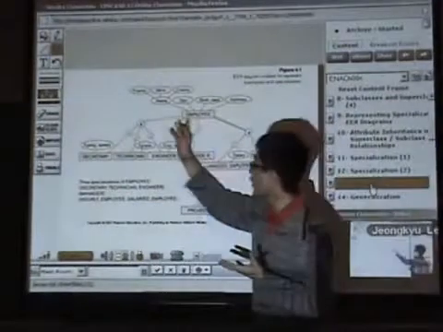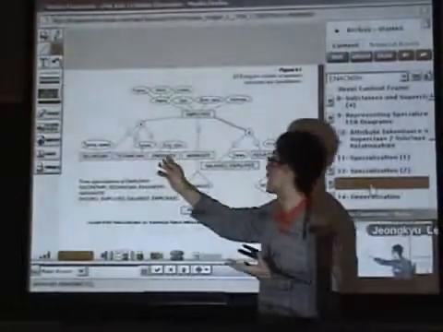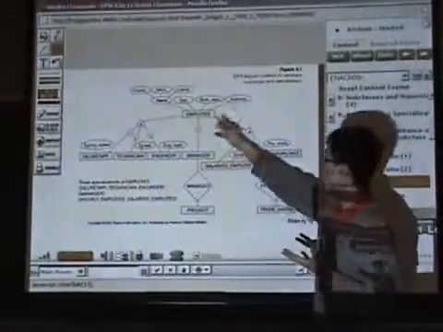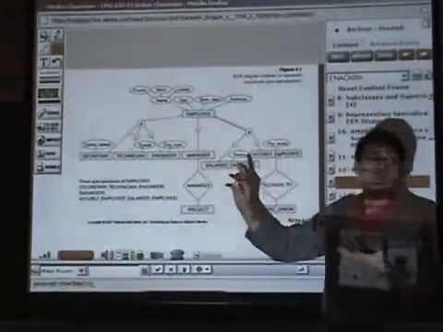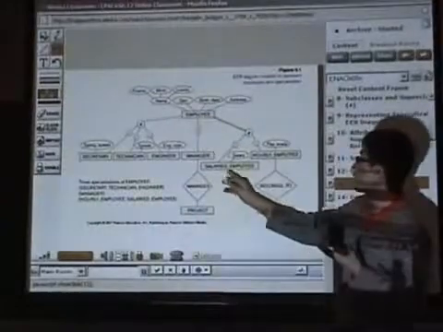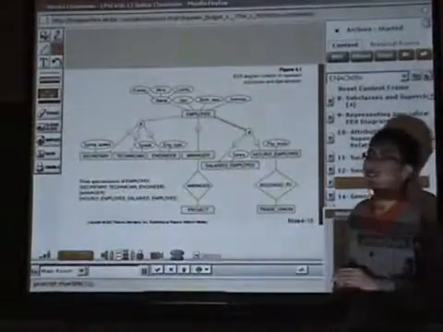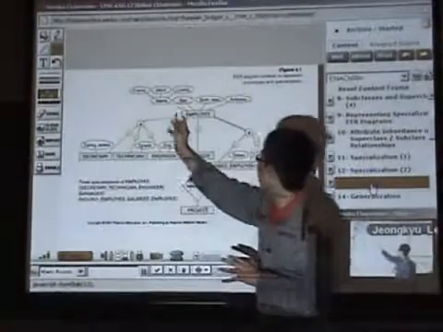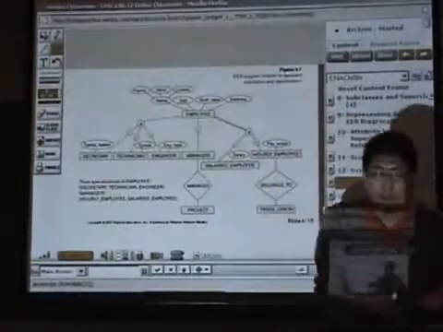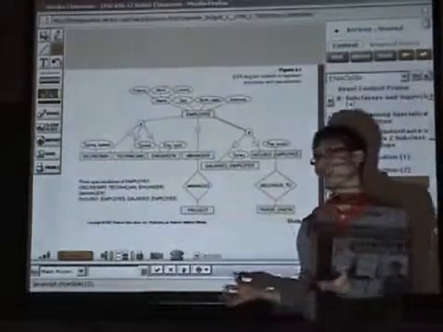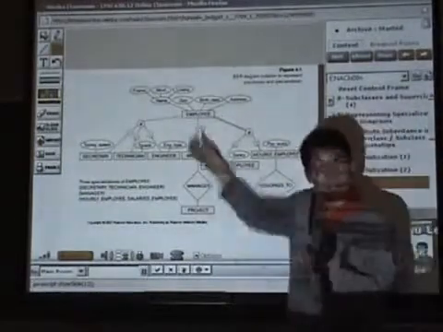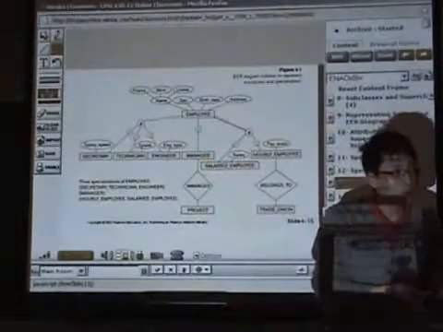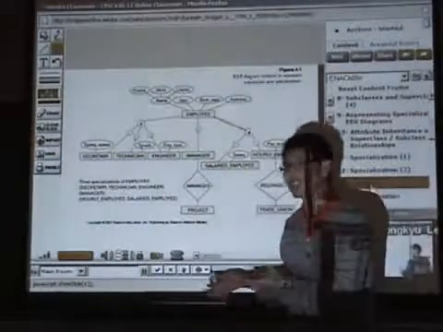One is employee and secretary, technician, and engineer. The second, employee and manager. Third, employee and salaried employee, hourly based employee. Then what about the employee and manager? Is it full participation or optional participation? It's optional, which means some of the employees are managers, the others are not.